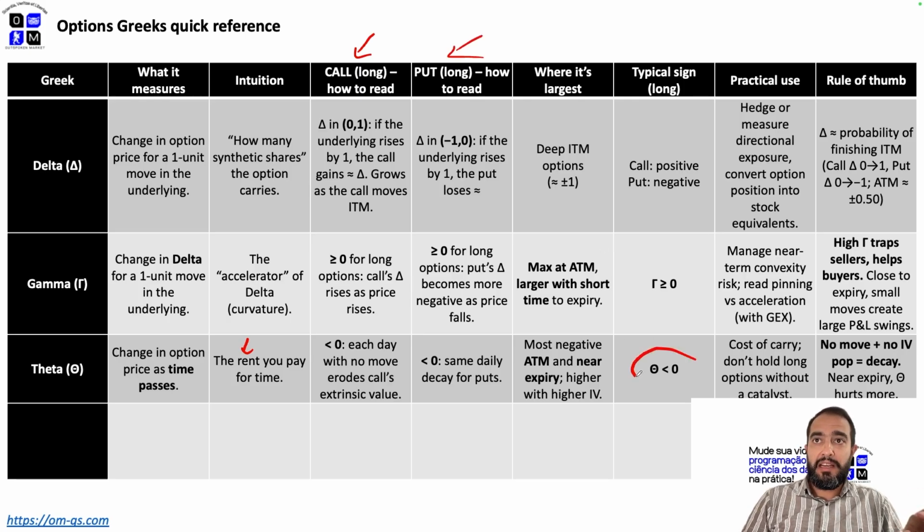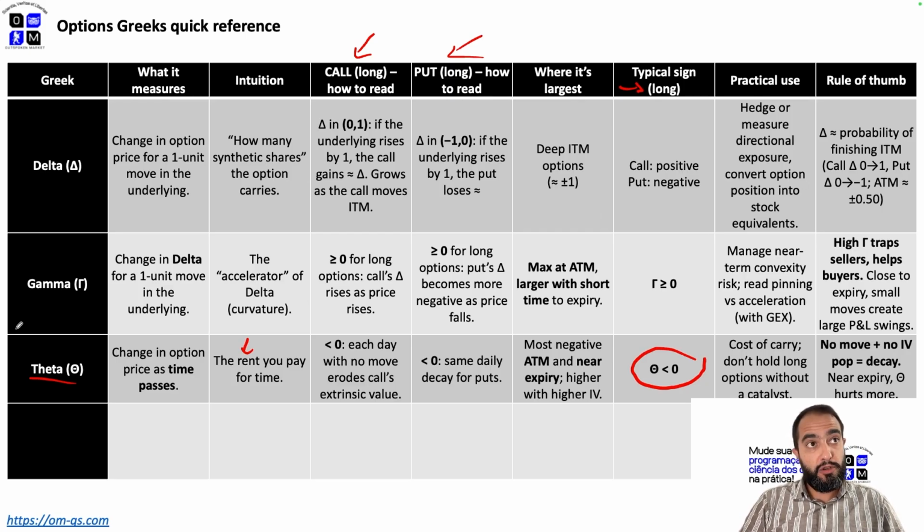The typical sign of the theta is always negative, because if you carry the option it loses value with time, so you lose money with time. If you are in a long position, for the theta, you must have price movement. Now you can understand the opposite is true.